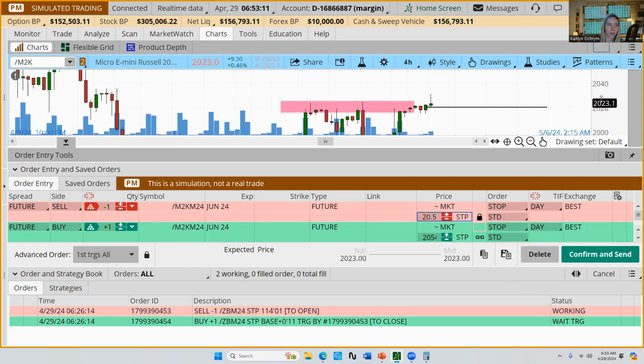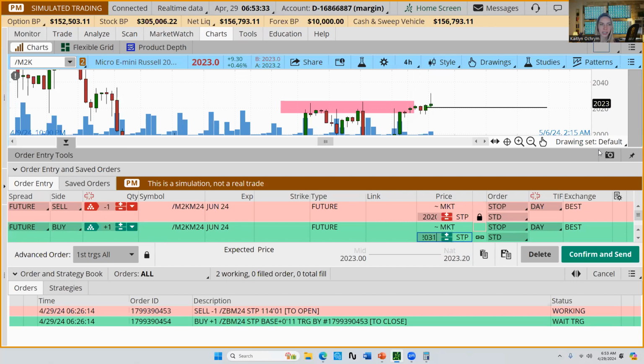2020.5. And then our buy stop is going to be, you can either base it upon your risk management. You can use this high wick here. I'm just going to place it using this high wick right now, which is going to be about 2031.